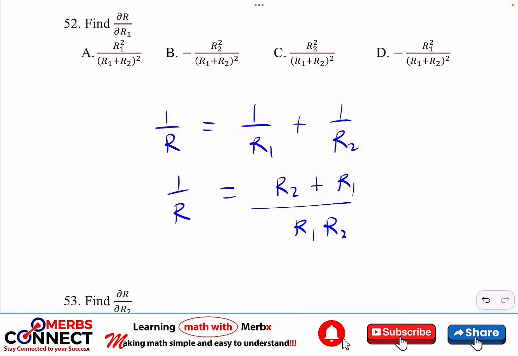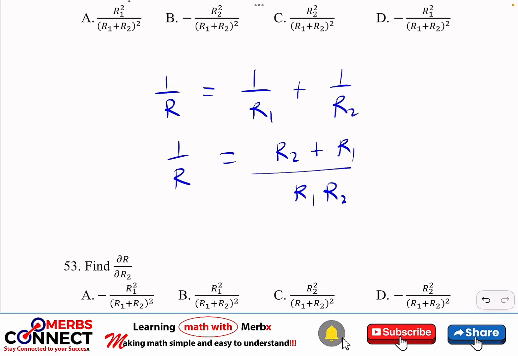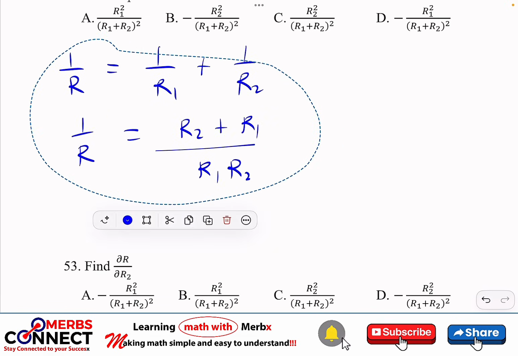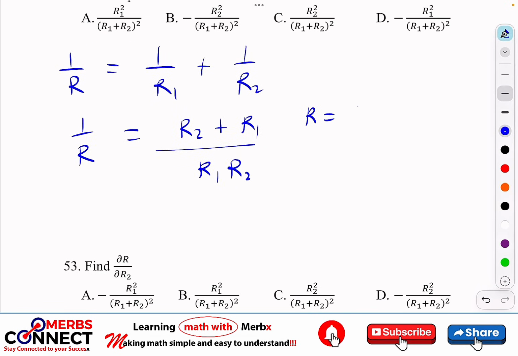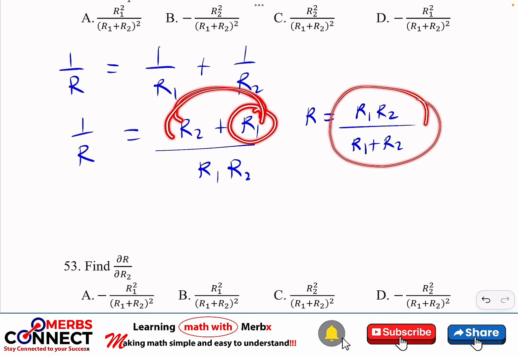So I'm just simplifying this. Multiply this one by this, which is here. Then multiply this one by this, which is here, divided by this times this. Let's reciprocate this. When we reciprocate this, we are going to have r to be equal to r1 r2 divided by r1 plus r2. This is commutative, so I can bring this one here.